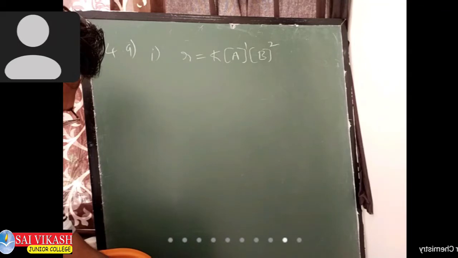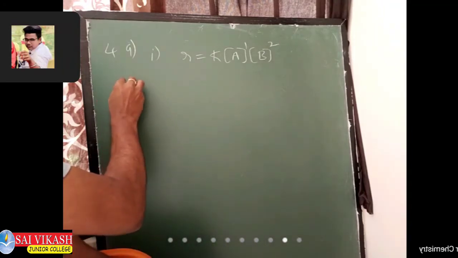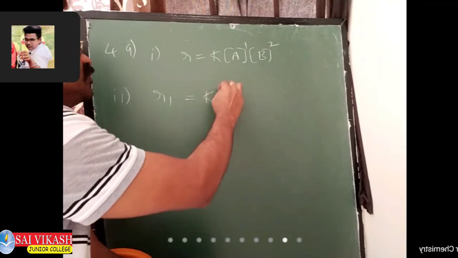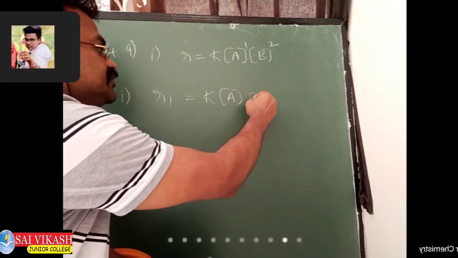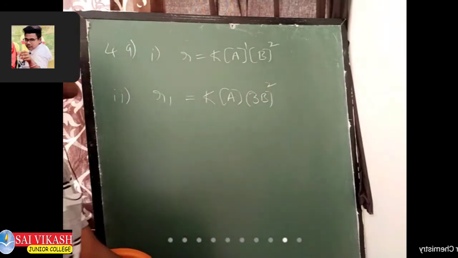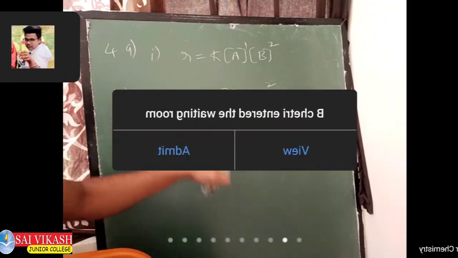The second question is, how is the rate affected on increasing the concentration of B 3 times? Look, here the concentration of B is increased 3 times. So this is the answer to the second question. Now we take R1. R1 equals K into the concentration of A, and B is increased 3 times, so B becomes 3B whole squared. Now what will come? 3 squared, 9, comes to the front.